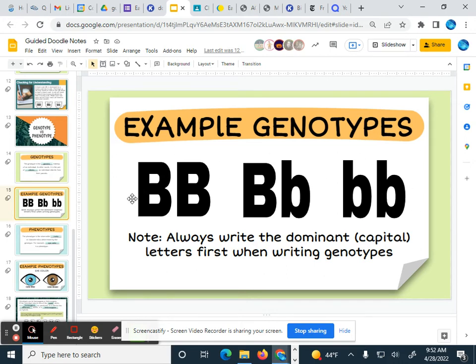So how would someone know what you were talking about? Well, the way you do it is that you specify after the word homozygous what they're homozygous for. So in the case of this organism, there are two dominant alleles, so you would say homozygous dominant. In the case of this organism, you would say homozygous recessive.